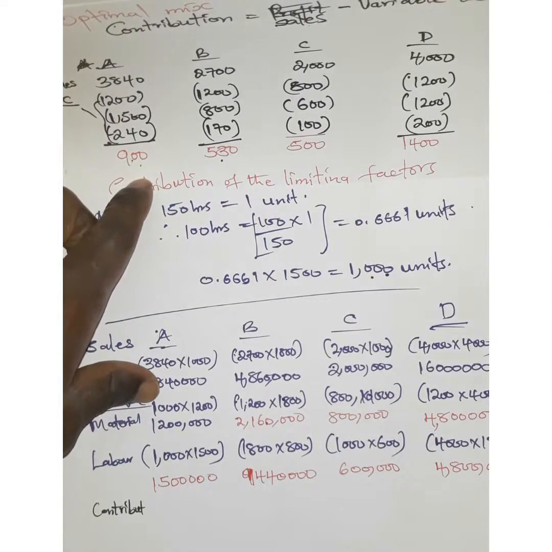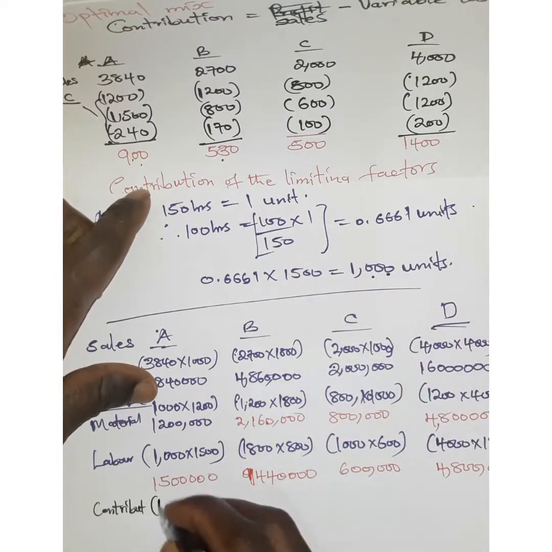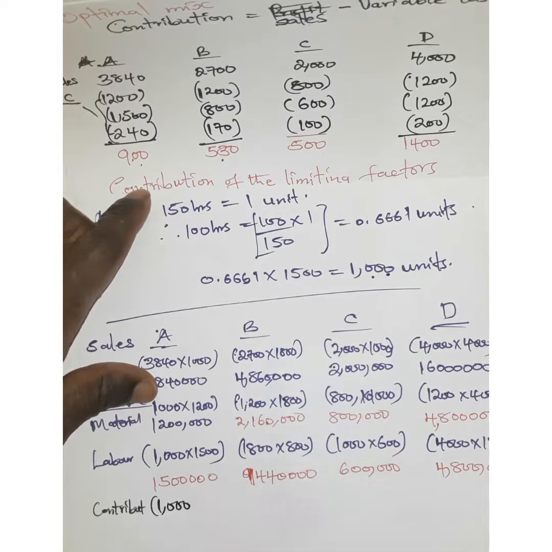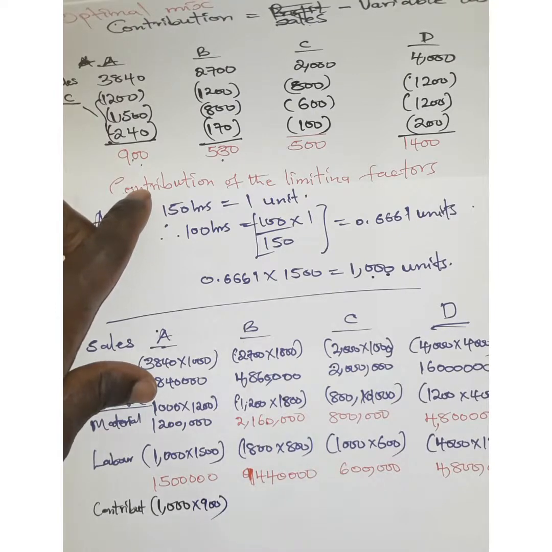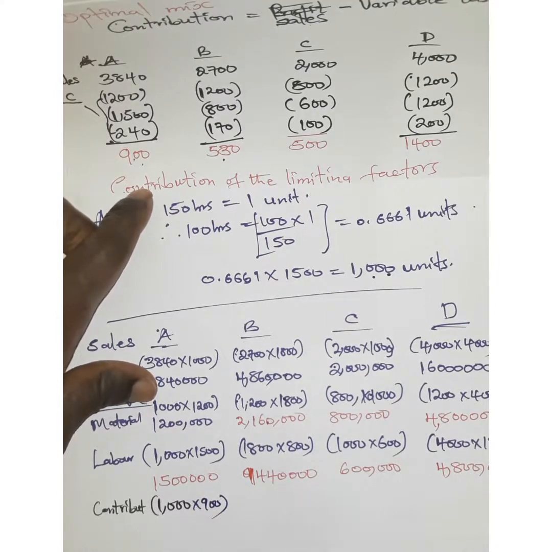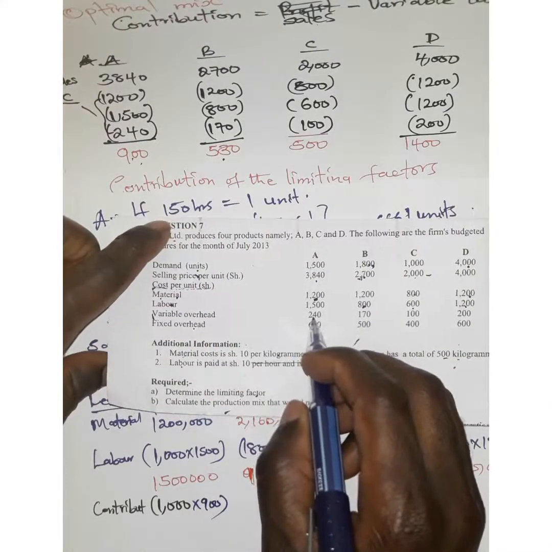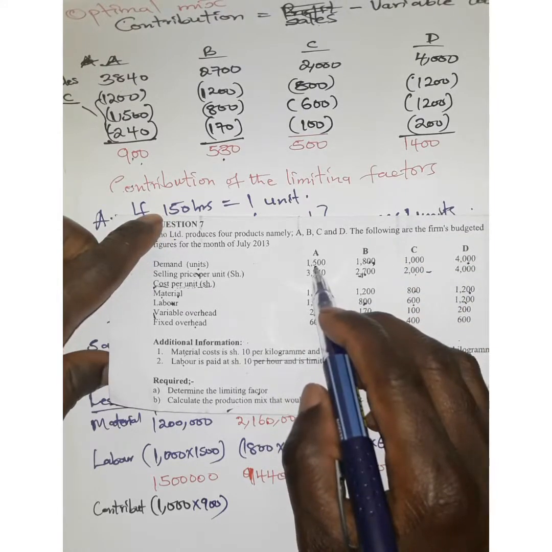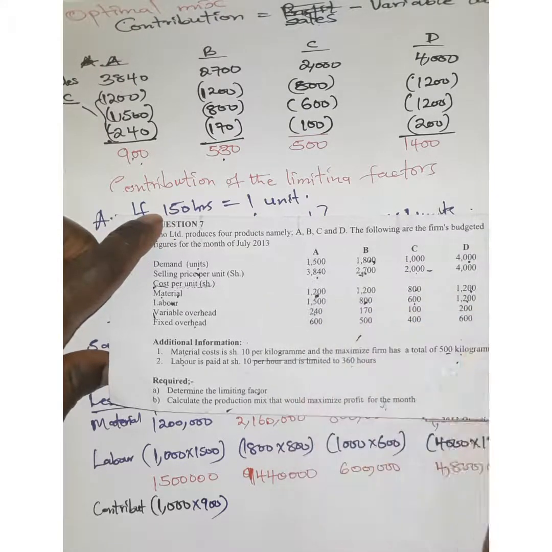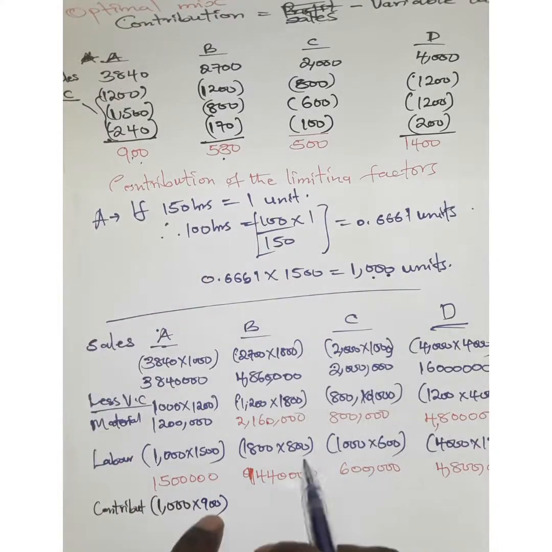So it's supposed to be 1,000 units times 900. We won't multiply with this particular 240 because we've realized that our contribution as per the demand of 1,500 is actually 1,000 and not 240. So it will be 1,000 times 900.